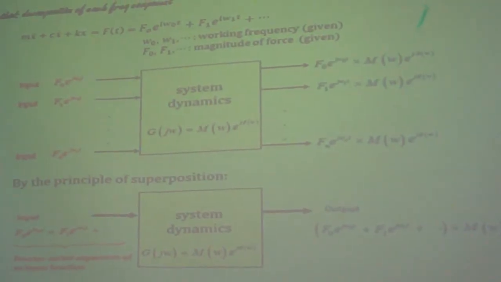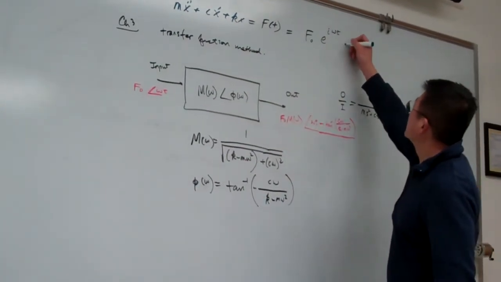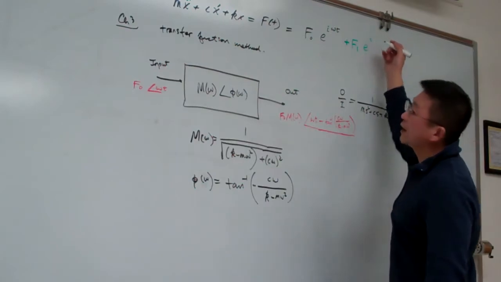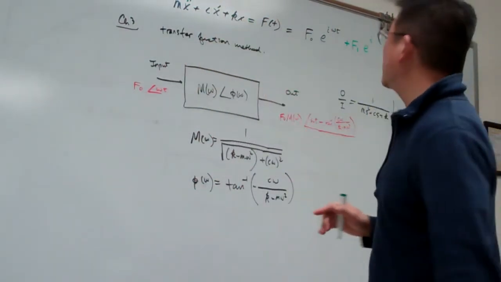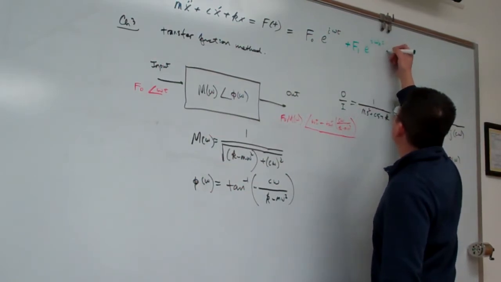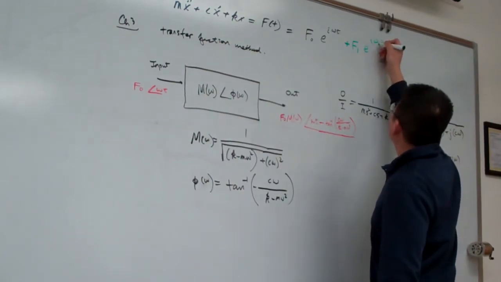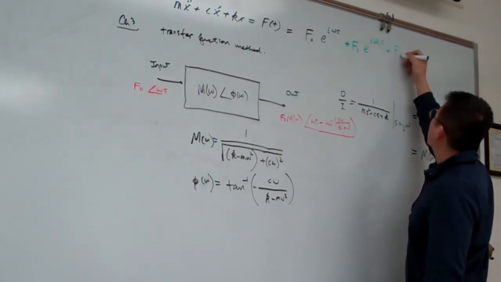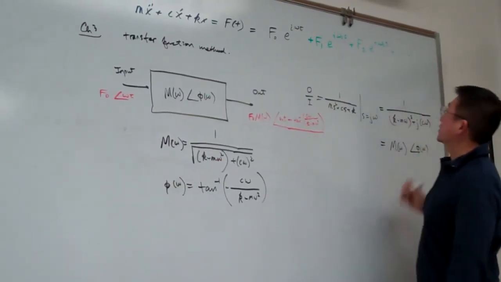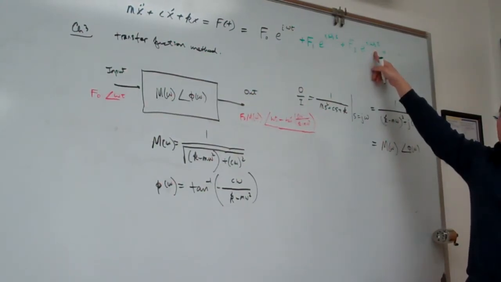We have F1 e^{i omega_1 t}, where the notation omega_1 represents different frequencies, plus F2 e^{i omega_2 t}, plus etc. So omega_1, omega_2 simply indicate different numbers.